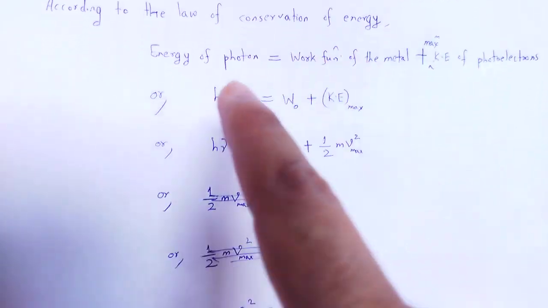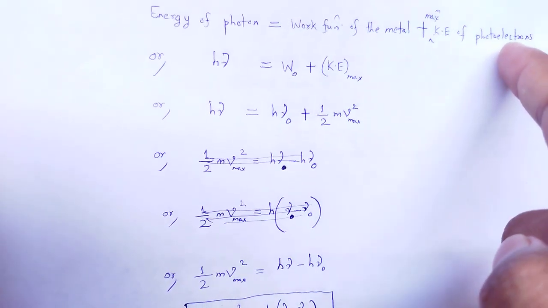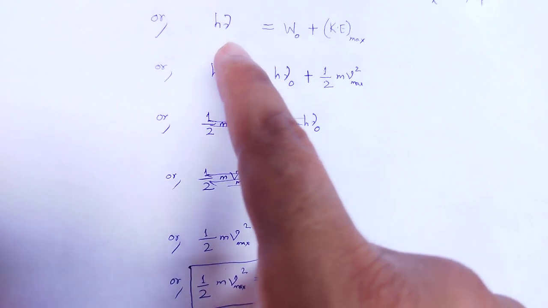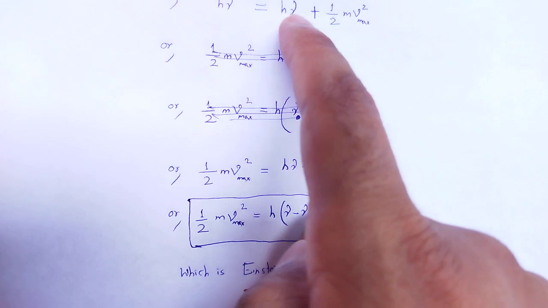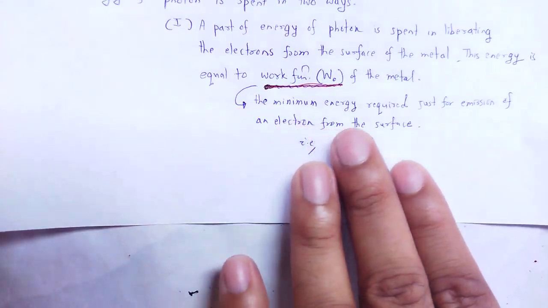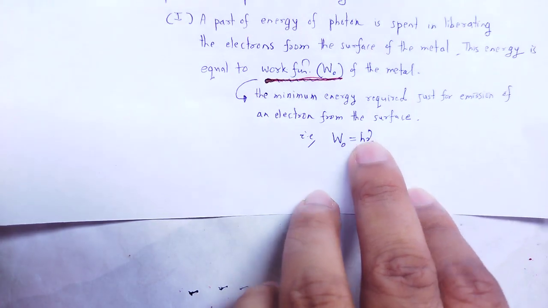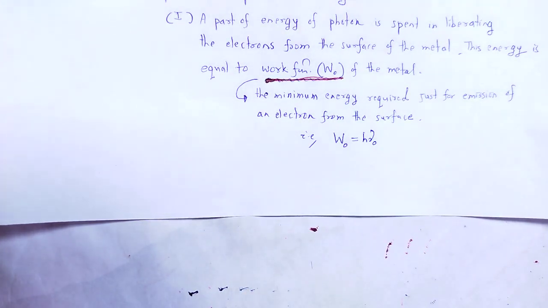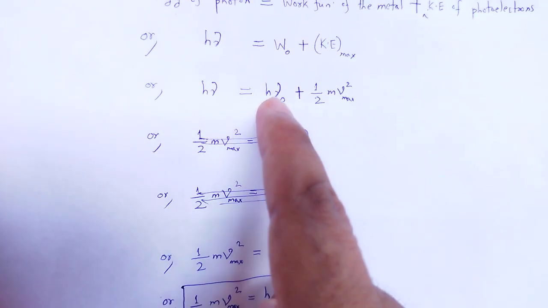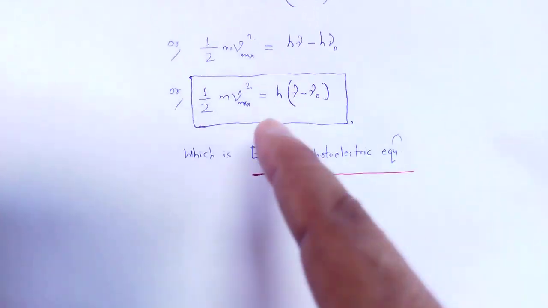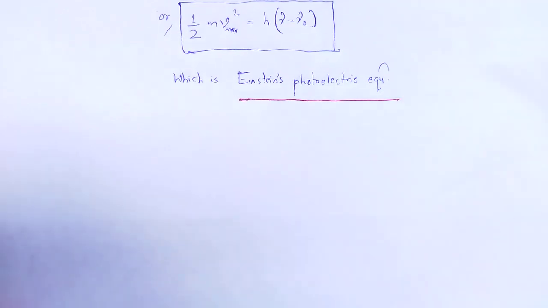From conservation of energy, the photon energy equals the work function of the metal plus the maximum kinetic energy of photoelectrons. The work function is h nu naught, the minimum energy required for just emission of electrons from the surface, which corresponds to the minimum frequency, the threshold frequency nu naught. The kinetic energy is half m v max square. On simplifying, we have Einstein's photoelectric equation.